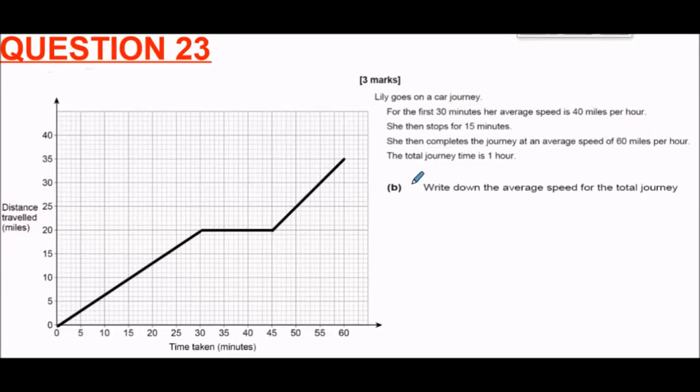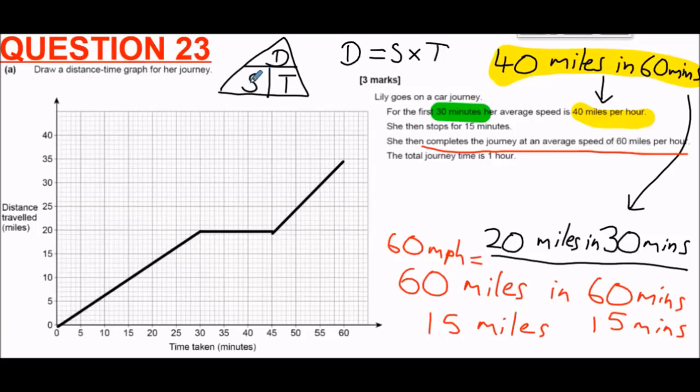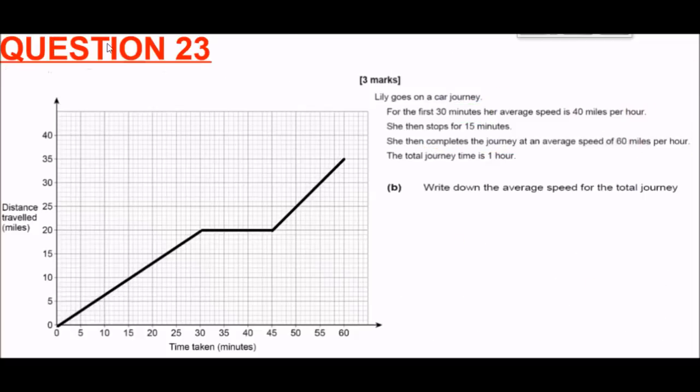Part B. We're asked to work out the average speed for the total journey. If I just return to the formula triangle from question A for a second, the speed, distance, time triangle. Here we are. Speed, distance and time. So if you want to work out the speed, it'd be the distance on top divided by the time on the bottom. So speed will equal distance divided by the time.